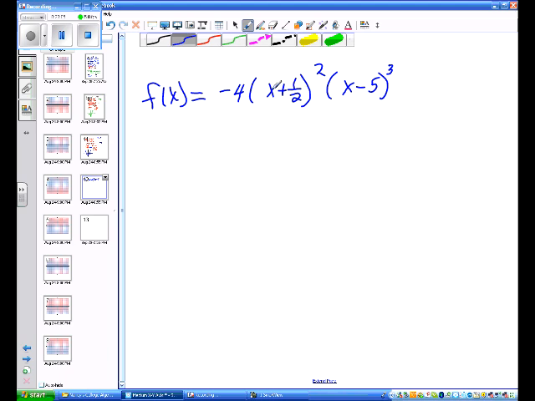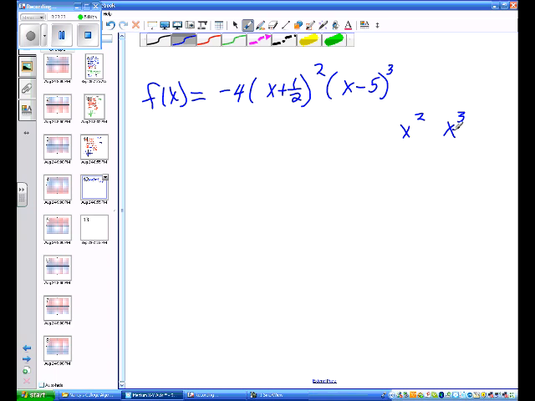If we took this binomial and we squared it, we know that we would have x squared plus some other terms. But we would have an x squared. If we took this one and cubed it, we'd start out with an x squared, and then that times x, we would end up with an x cubed as our highest power once we cube this binomial.